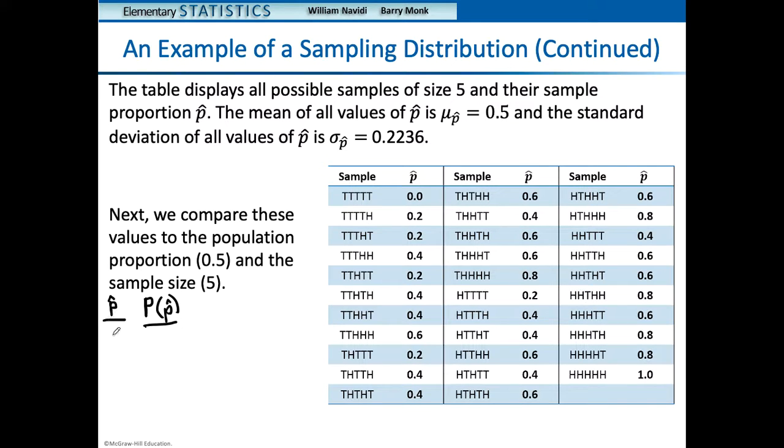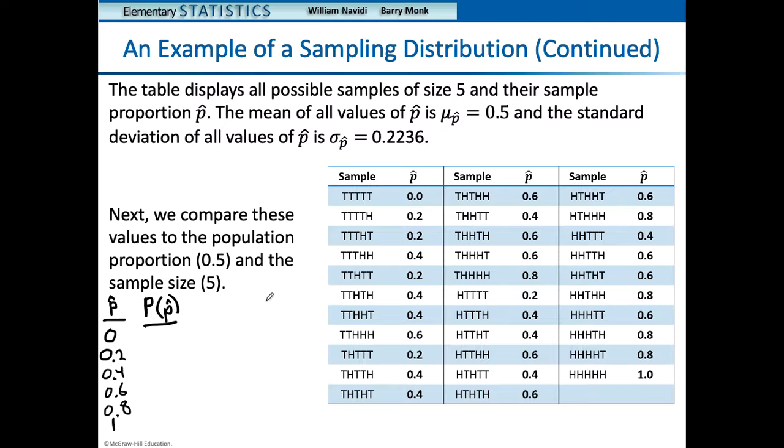So the possible p hat values are 0. If you look at the list, you see that some of them are 0.2, some of them are 0.4, some of them are 0.6, some of them are 0.8, and then we see one of them is 1. Okay, and the probabilities you would fill in by computing, assuming equally likely outcomes.